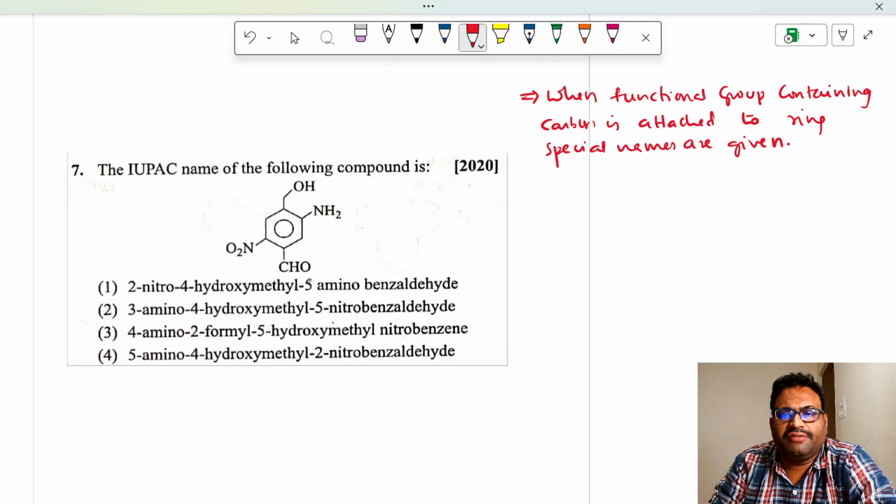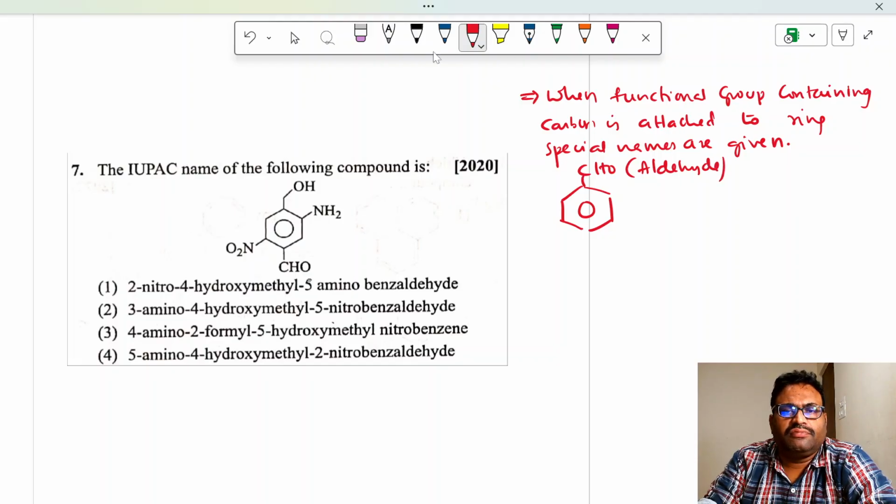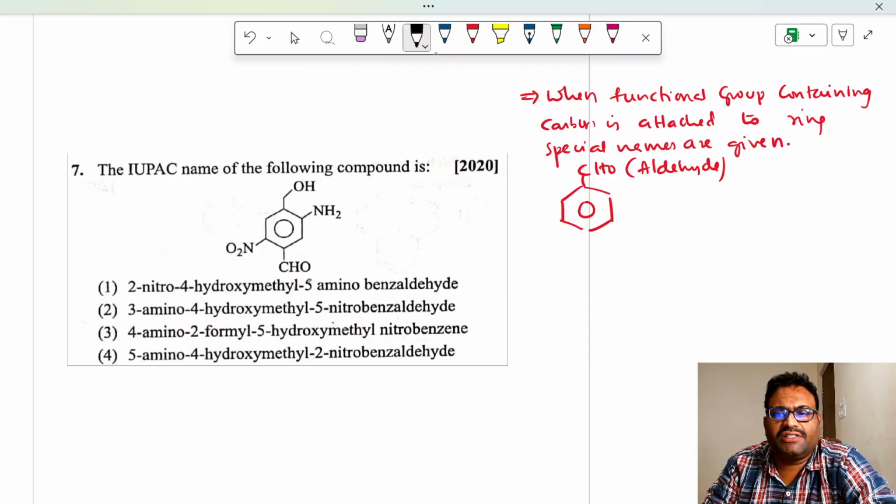Now here is benzene, a ring. To this, what is attached? Functional group CHO. What is this? Aldehyde functional group. Now the name of this: what is this? Benzene ring. So I can write this is benzene.